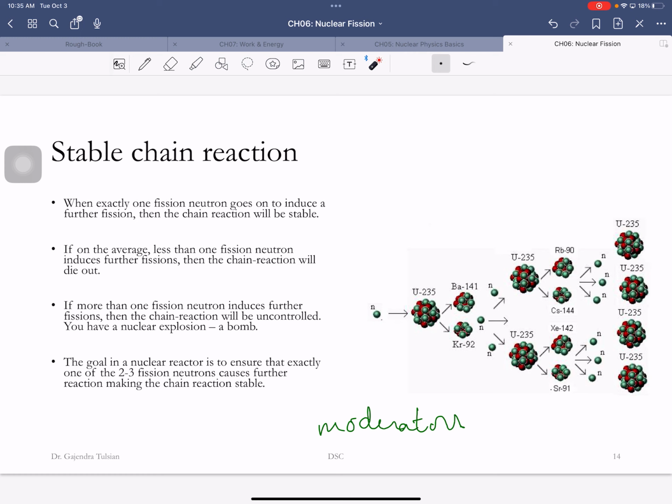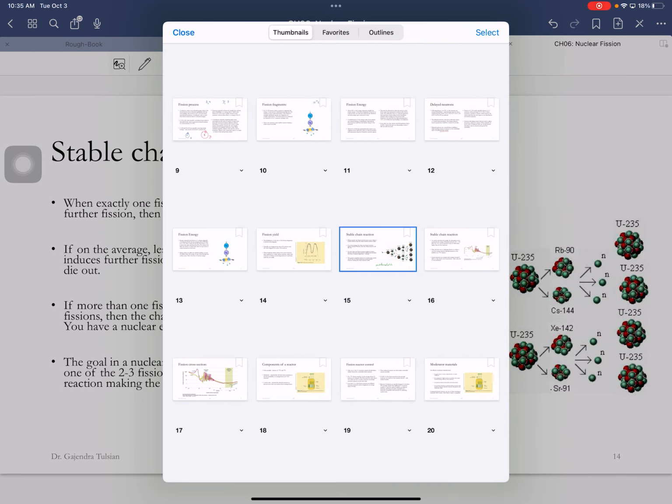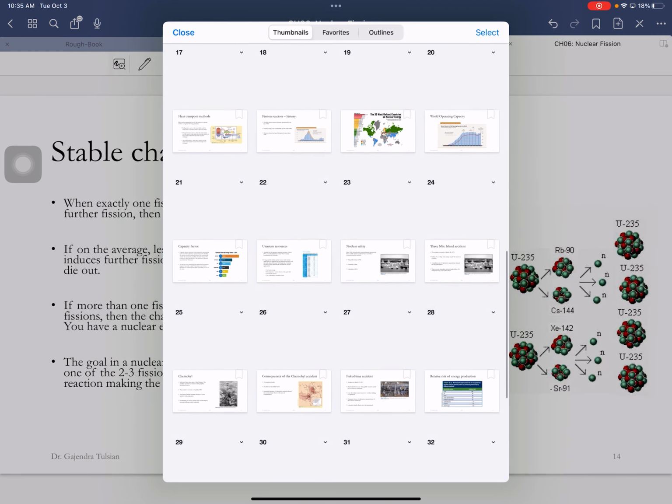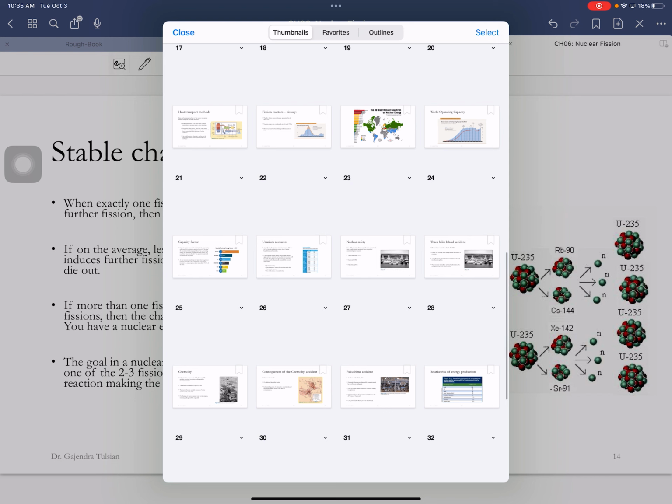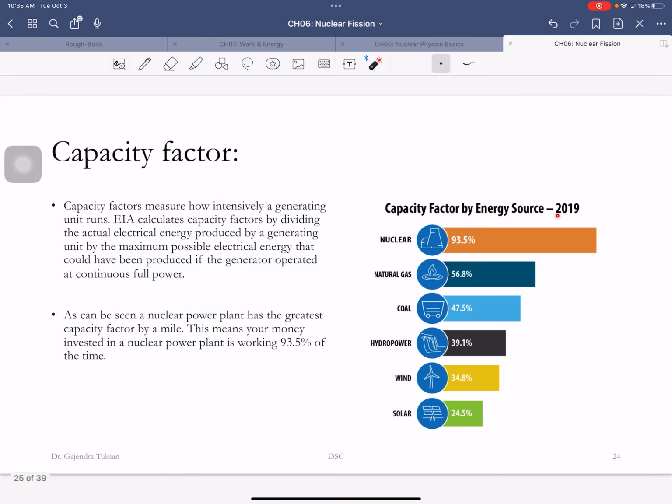What is the good thing about nuclear reactors? You maintain a chain reaction, and you don't have to shut down the nuclear reactor, except to refuel and things like that. So a nuclear reactor is on all the time.